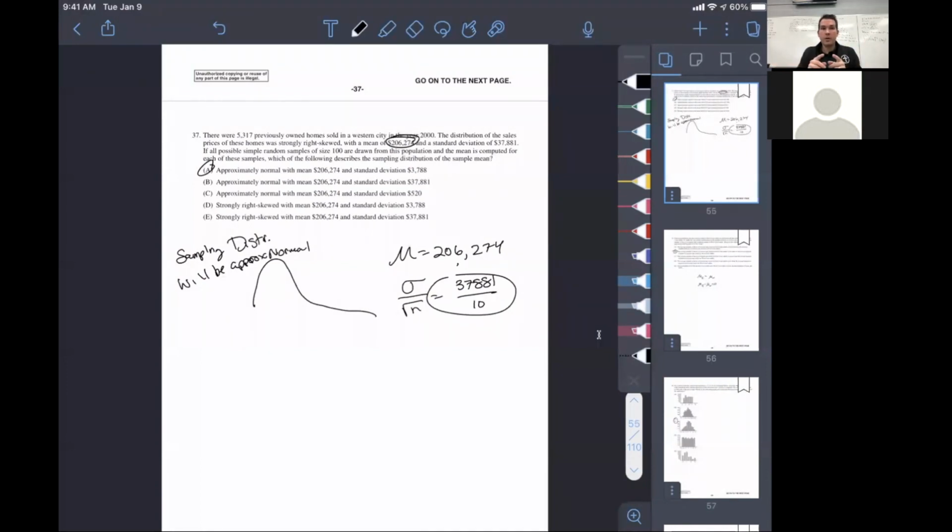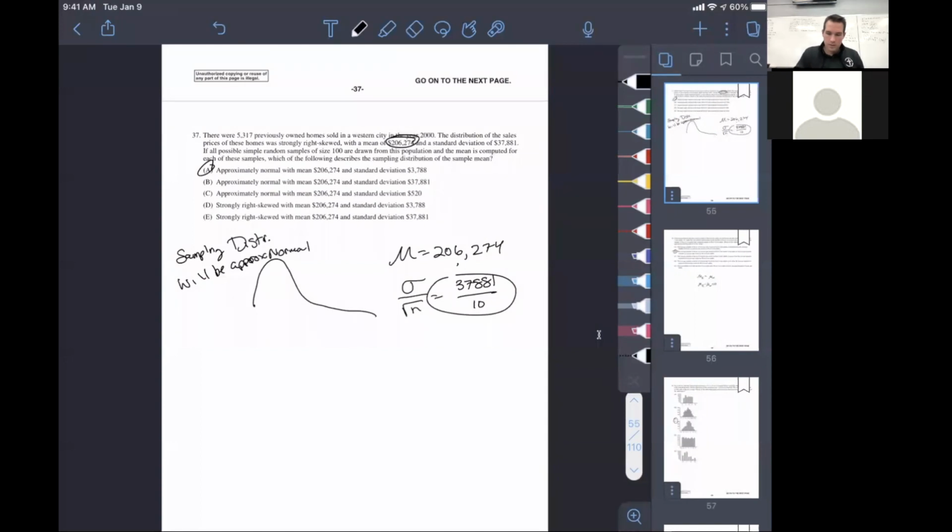What did change, however, is that no matter what the distribution was, in this case a very skewed distribution, the sampling distribution's standard deviation shrinks by a factor of the square root of n. And so that's why it becomes this normal model: while the mean stays the same, the standard deviation becomes more concentrated, which forces the curve to be approximately normal.